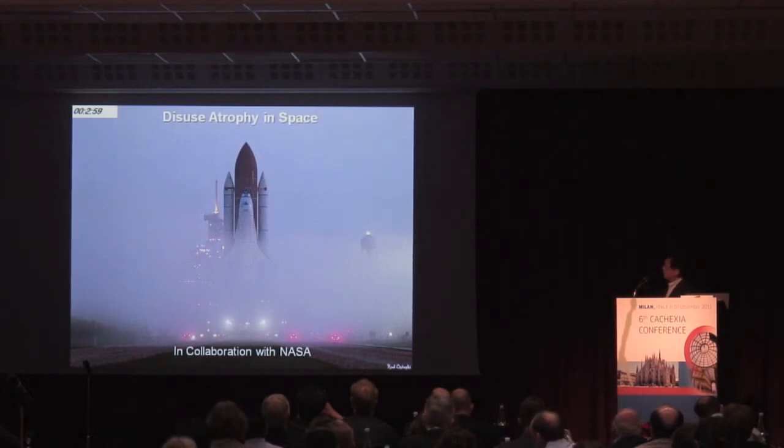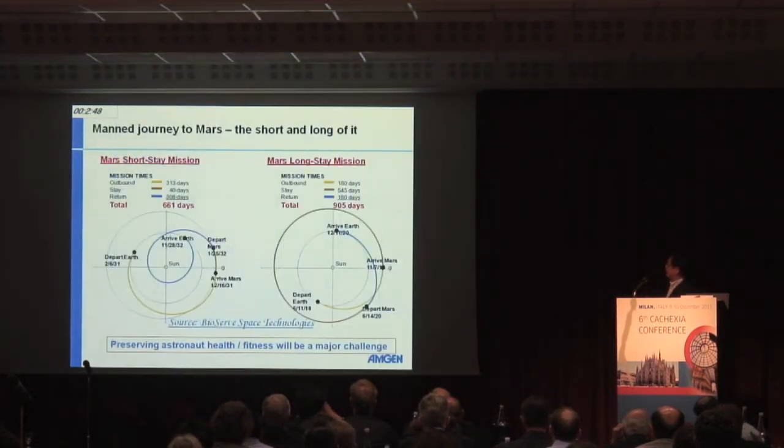Our phone rang, and when we picked up the phone, we realized there was some interest expressed about NASA. The reason for that can probably be highlighted by this slide. We're human beings. There's a spirit to explore and long range in the future. So if you want to go to Mars, the short and long of the journey is illustrated here.